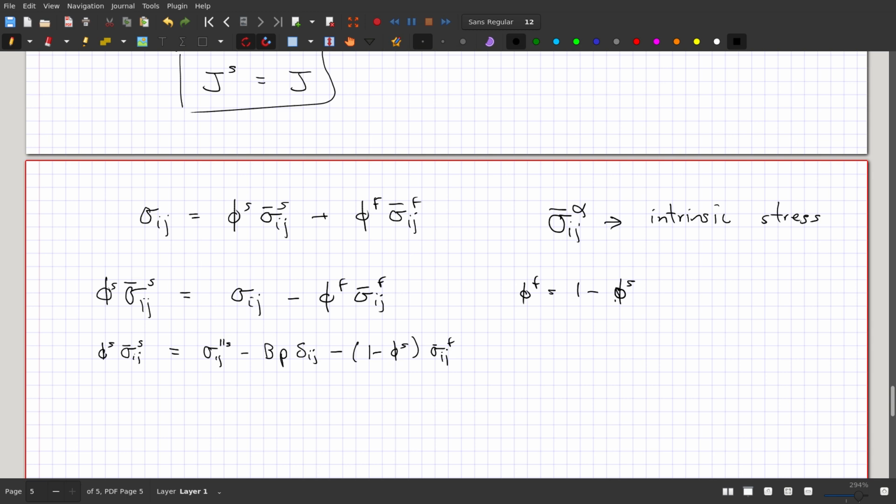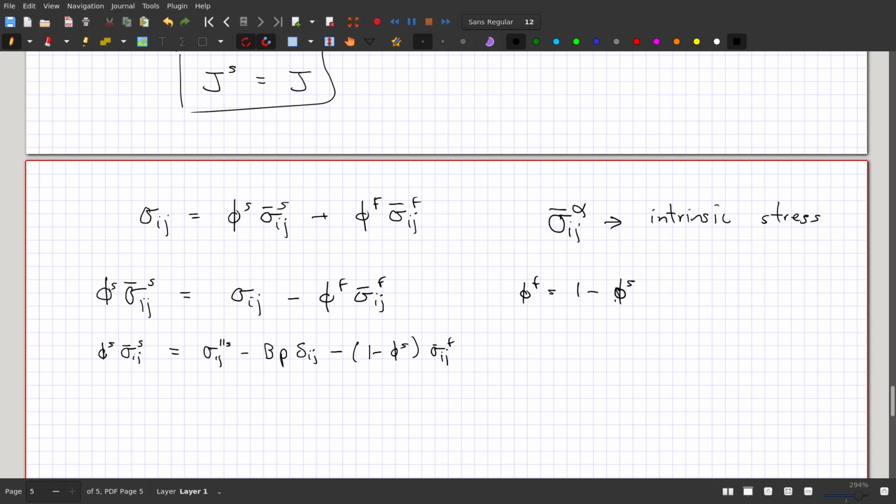Then, we know that P is the Lagrange multiplier. We know that worked out to be the thermodynamic pressure of the fluid, right?